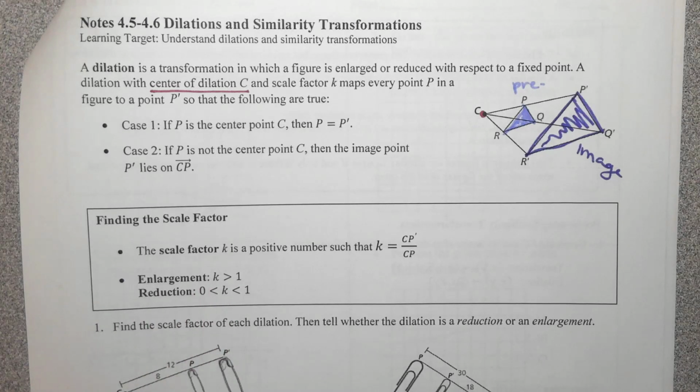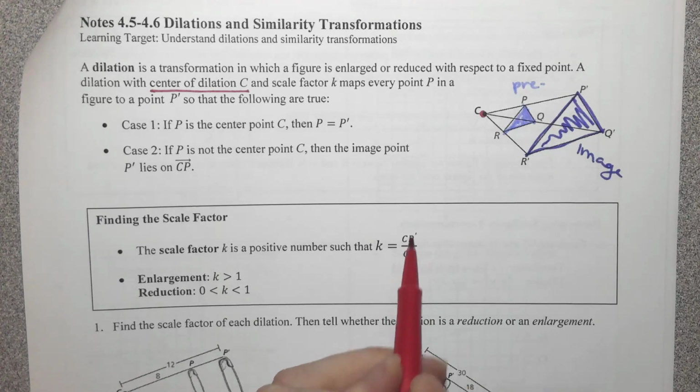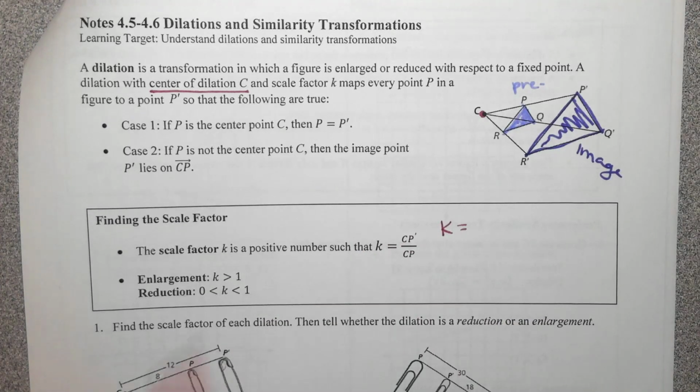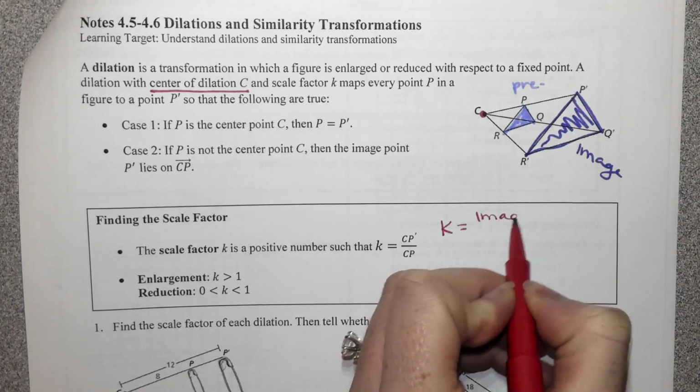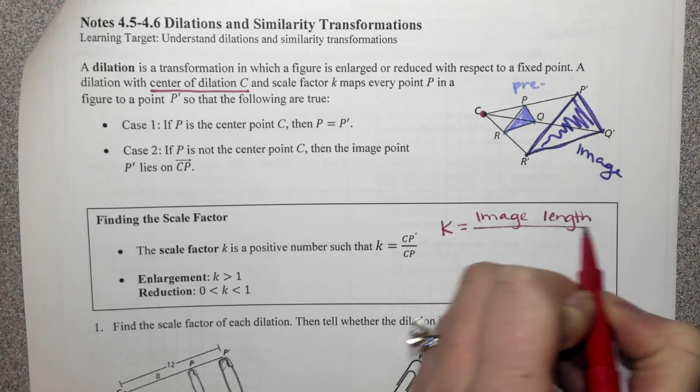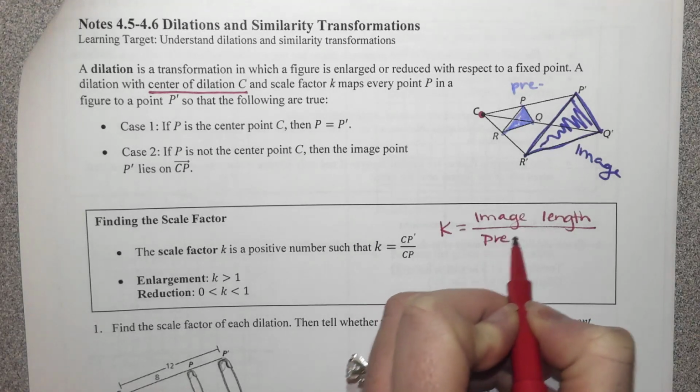The scale factor K is a positive number such that the distance from C prime to P prime divided by CP. Or you can think of it as the image length divided by the pre-image length.